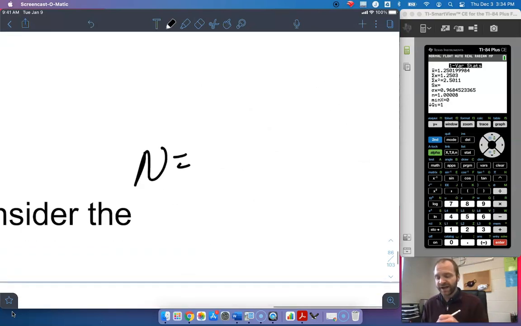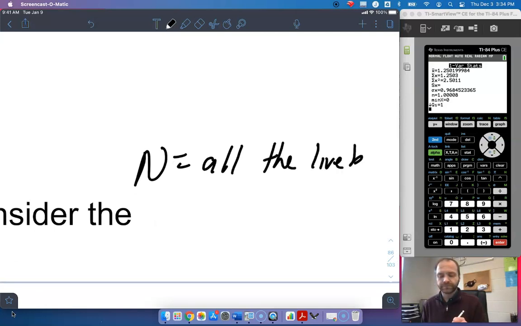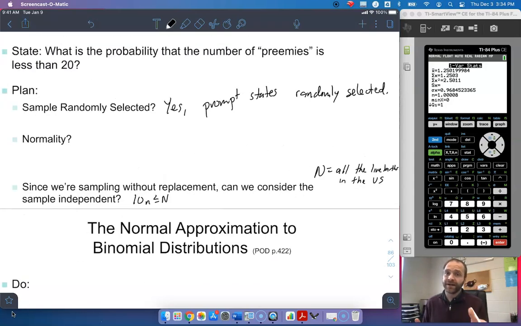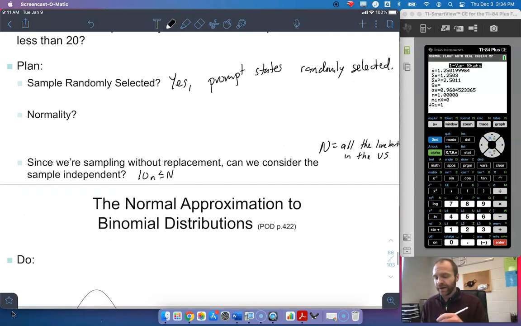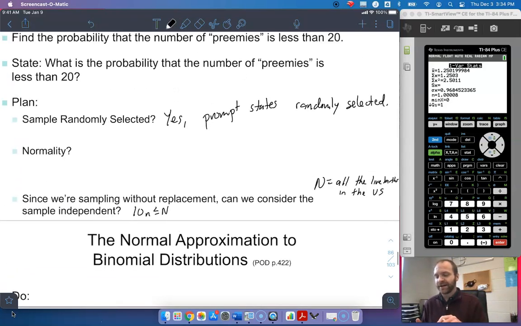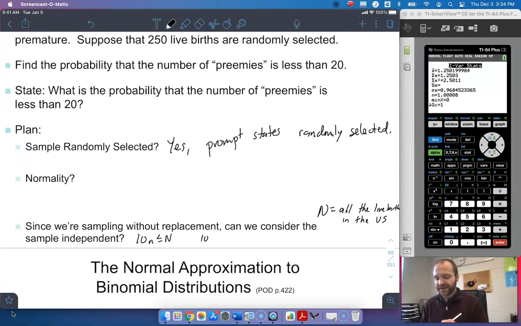So my population has to be all the live births in the U.S. Since I used capital N, I better define it. If you don't define it, you don't get to use it. And so I have 10 times my sample size: 10 times 250, which is 2,500.